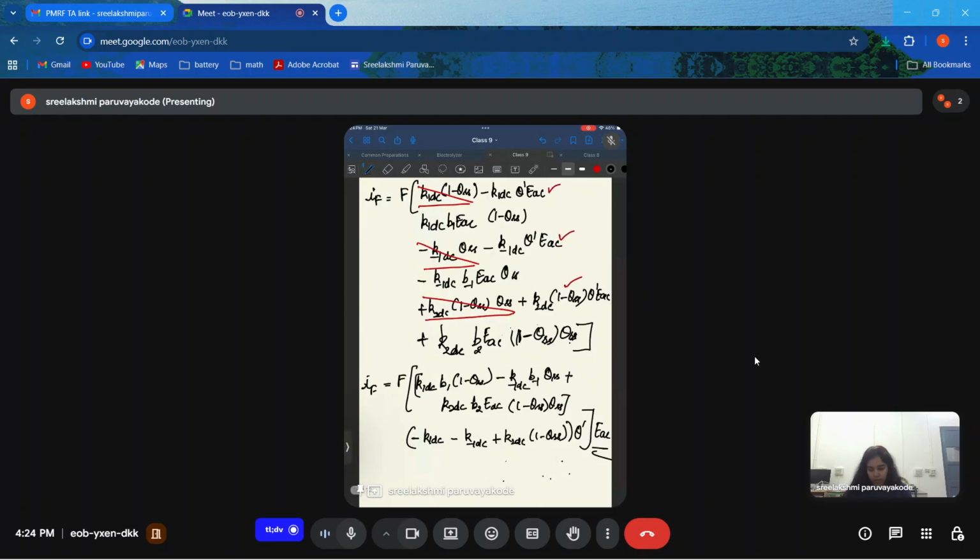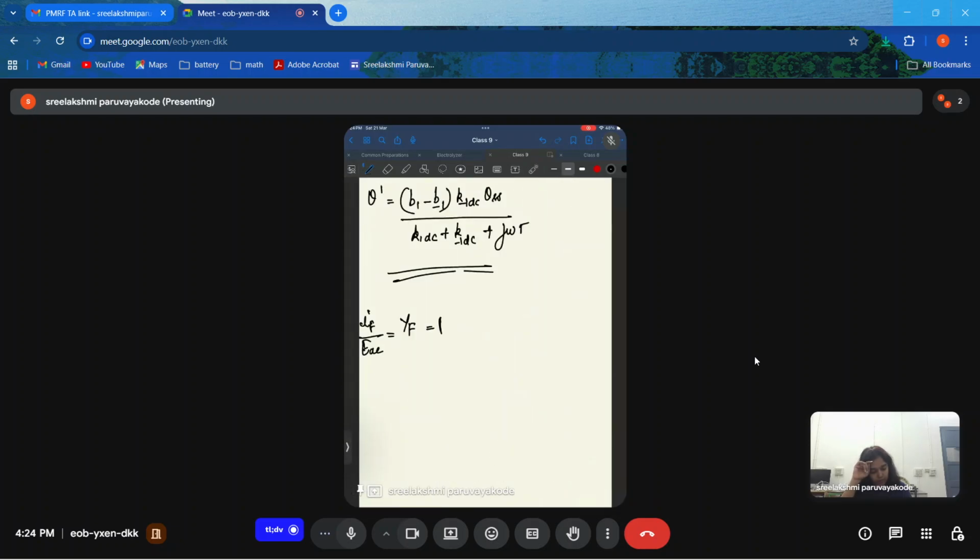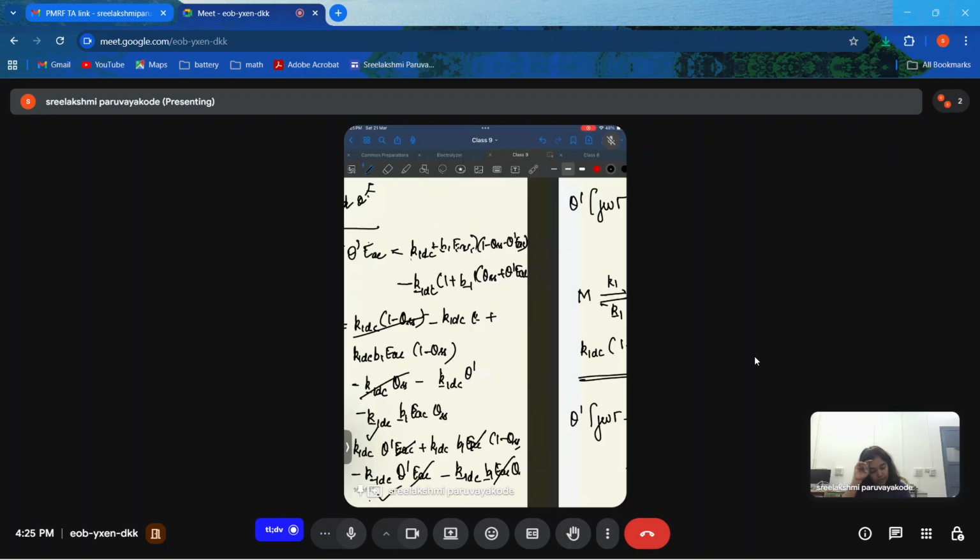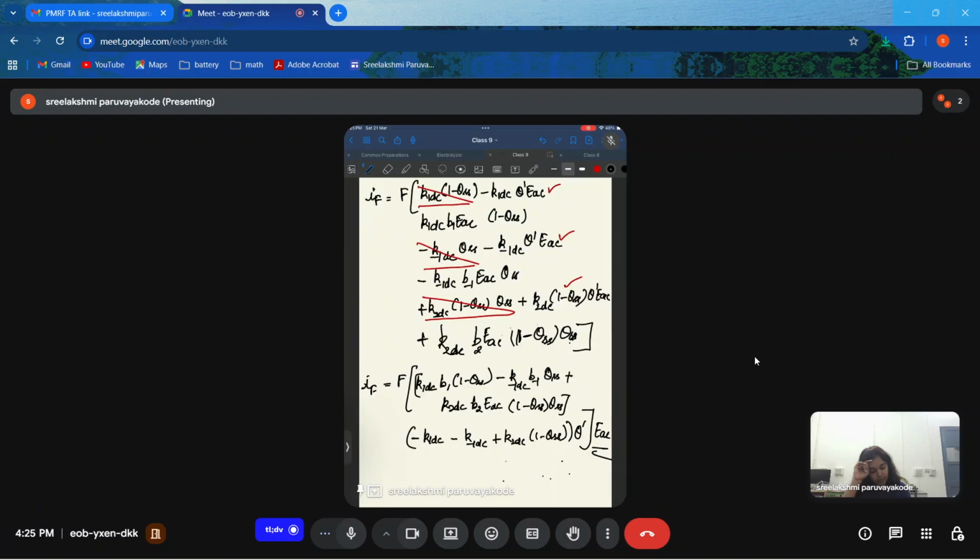And that becomes equal to F into B1 K1 dc 1 minus theta SS plus B minus 1 K minus 1 dc theta SS plus B2 K2 dc theta SS, 1 minus theta SS.